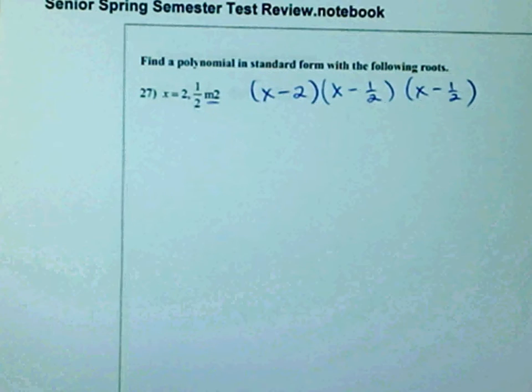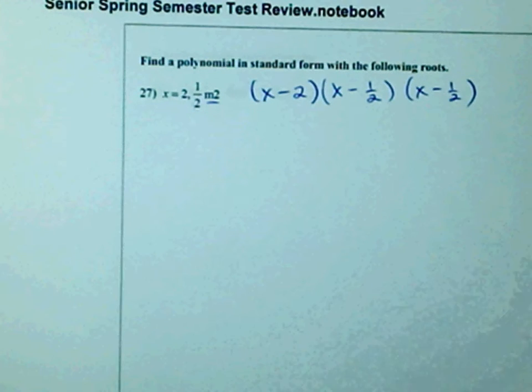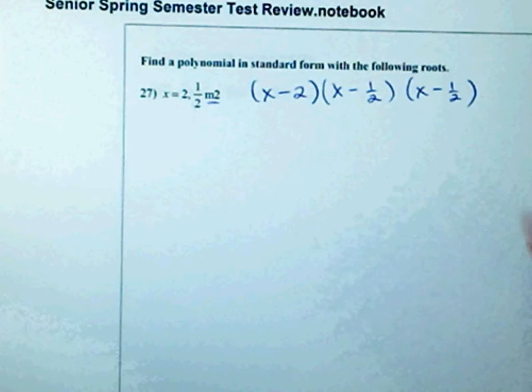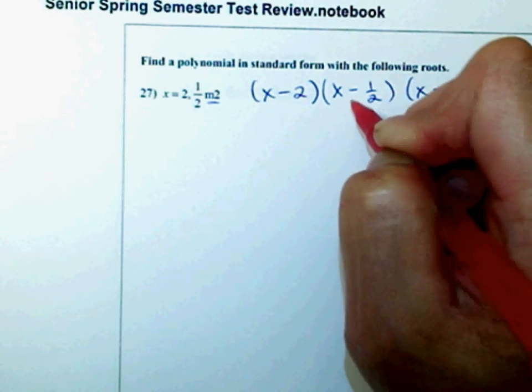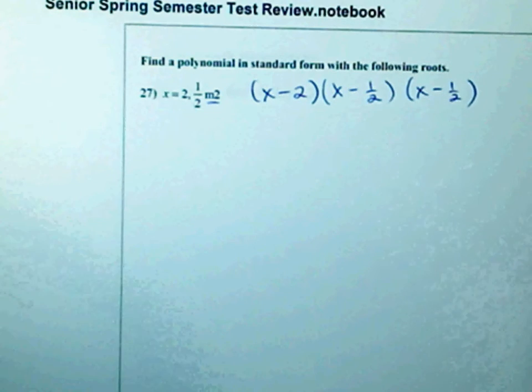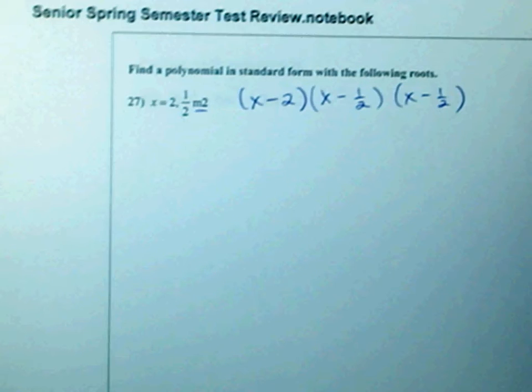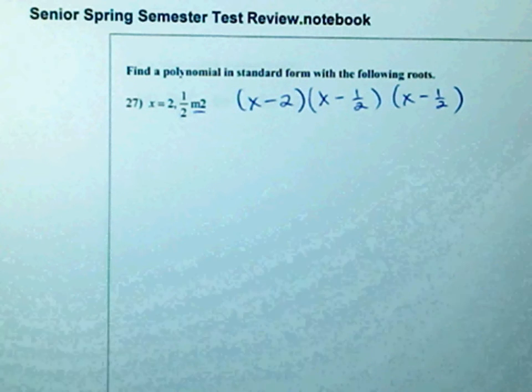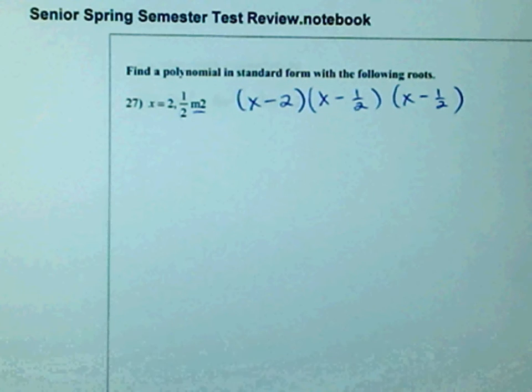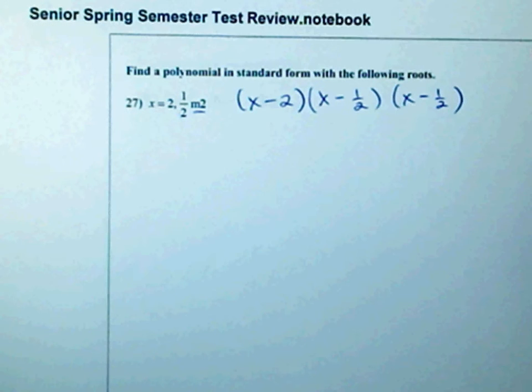Now, I don't like to deal with fractions, so what I would do is, you see how you have a denominator? If I were to rewrite this and set it equal to 0, it would look something like this. So x minus 1/2 is equal to 0. And what you would do is move that over, so you have x is equal to 1/2, times 2, so 2x is equal to 1, okay?